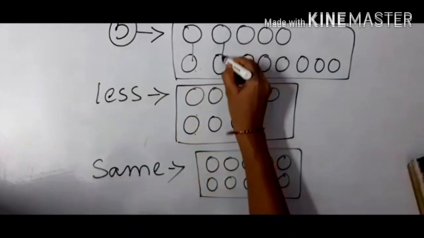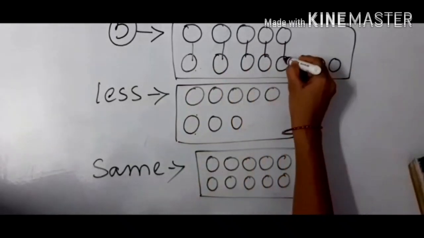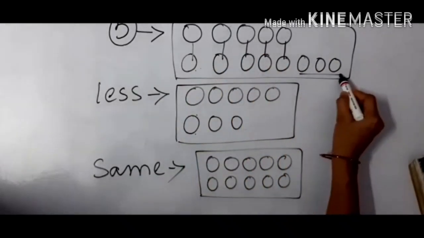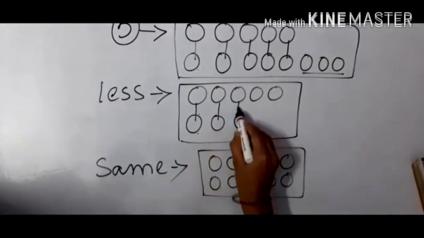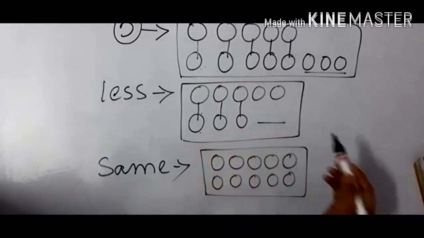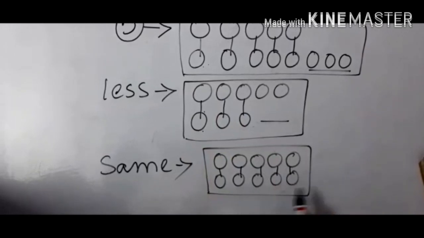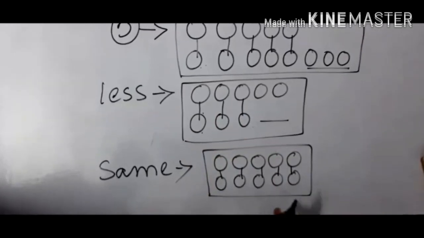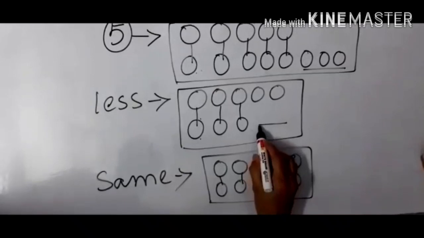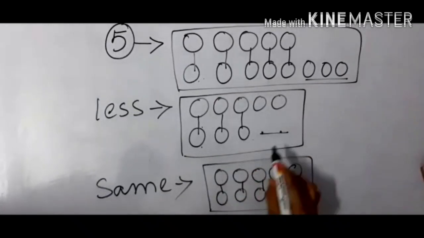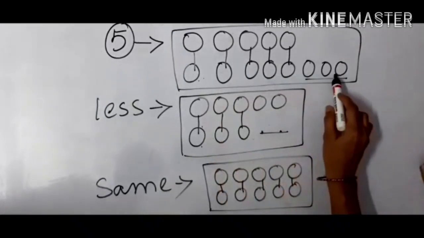If you match, then you can understand better. These are more. These are less. This is same. Equal to 5. Less than 5 here. 2 missed. These are 3 more.